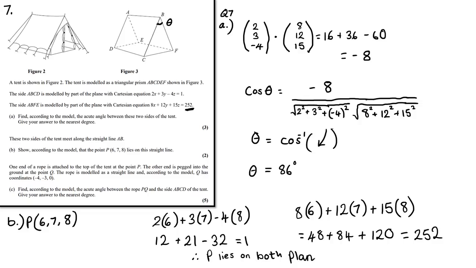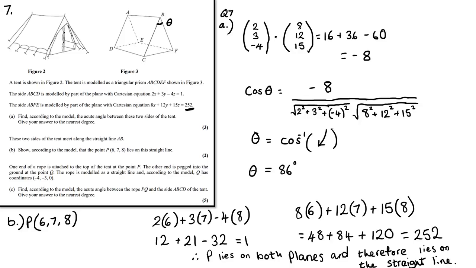So it lies on both planes, and therefore lies on the straight line. Okay, so I'm running out of room a little bit, but that's the idea here. So it lies on the straight line. And there we have it. Okay, so that's all we need to show for part B. Pretty short, and hopefully should be pretty straightforward.